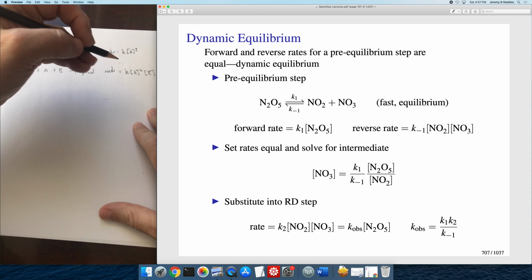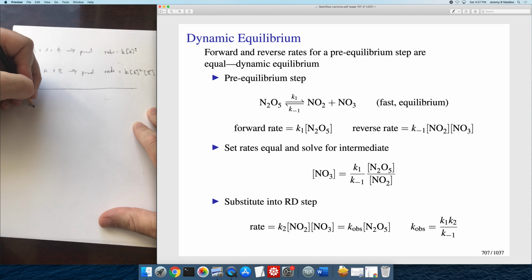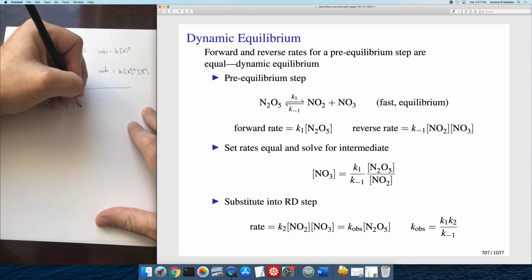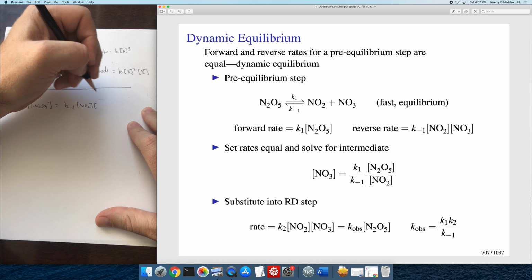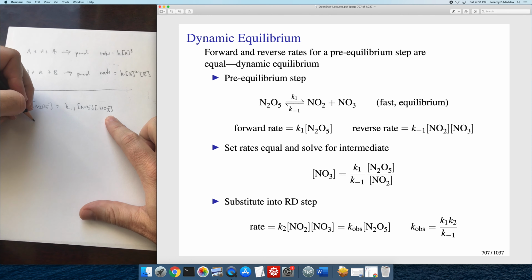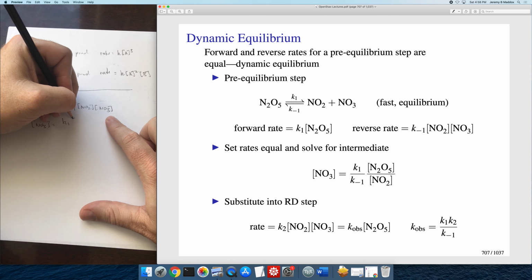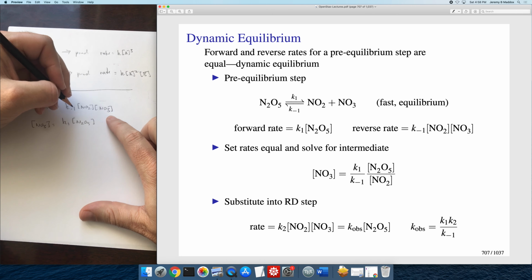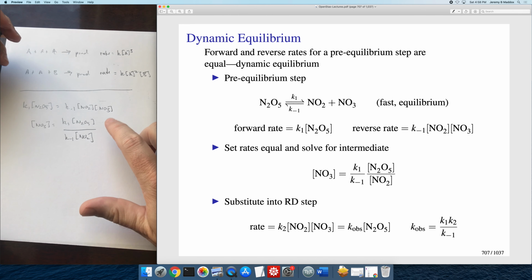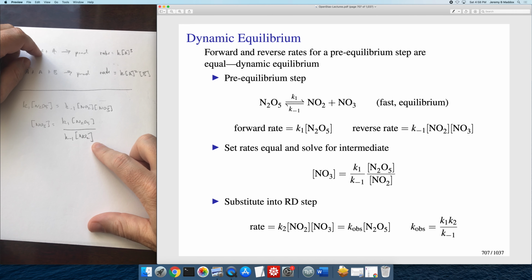I'm going to go ahead and do that. I'm going to take this forward rate, set it equal to the reverse rate, and use that to eliminate the intermediate concentration. So I'll write that NO3 is going to be K1 N2O5 divided by K minus 1 NO2. And now this can get substituted into the rate law.